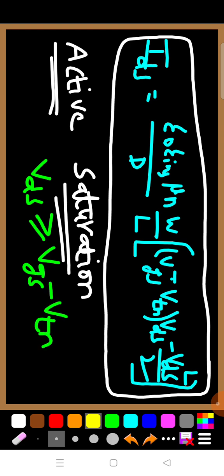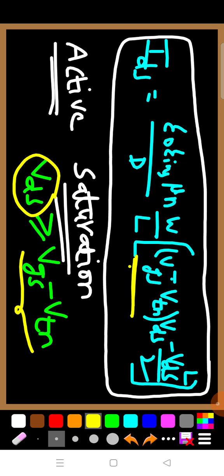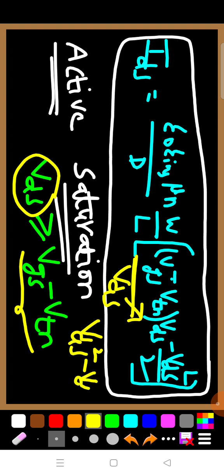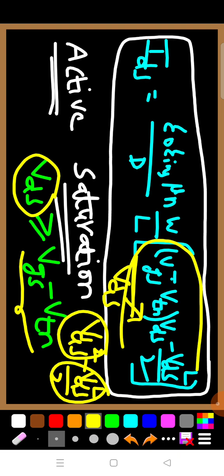That means if you substitute VGS minus VTN as VDS, in this place, this is VDS into VDS, VDS square, minus VDS square by 2. VDS square minus VDS square by 2 gives rise to VDS square by 2. That means this entire term is going to be changed to VDS square by 2. That's it.